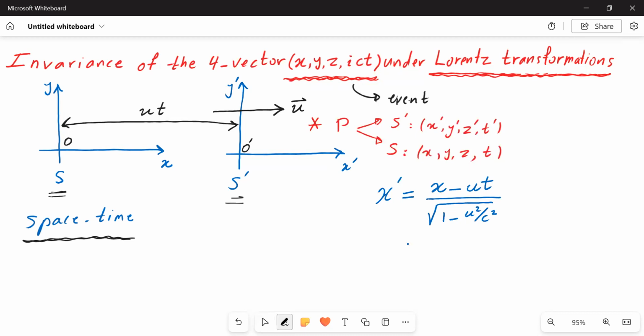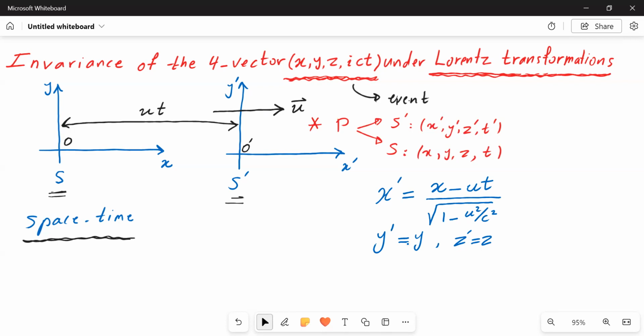The y coordinate of the event would be the same in both frames of reference, because as you see, the relative motion only happens along the horizontal direction. So the y component is unaffected. Likewise, the z component is unaffected. Both observers would measure the same value for z. But what about time?